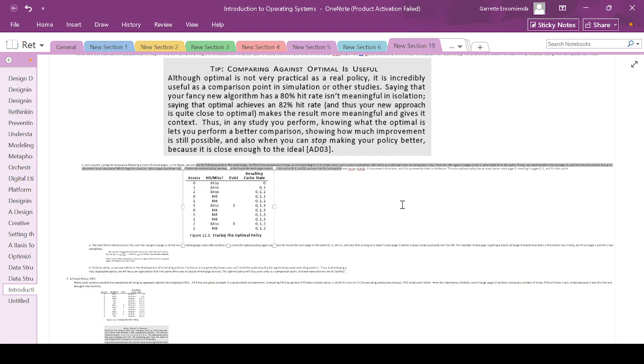A replacement must take place, which begs the question, which page should we replace? With the optimal policy, we examine the future for each page currently in the cache, 0, 1, and 2, and see that 0 is accessed almost immediately, 1 is accessed a little later, and 2 is accessed furthest in the future, so we evict the 2.